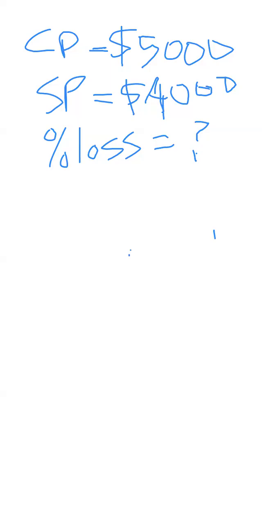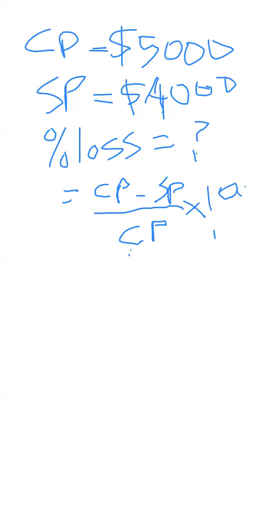So the difference between this one and the last one we did is that there's another formula, which is given by CP minus SP, which you already know as the loss, divided by CP times 100 over 1.